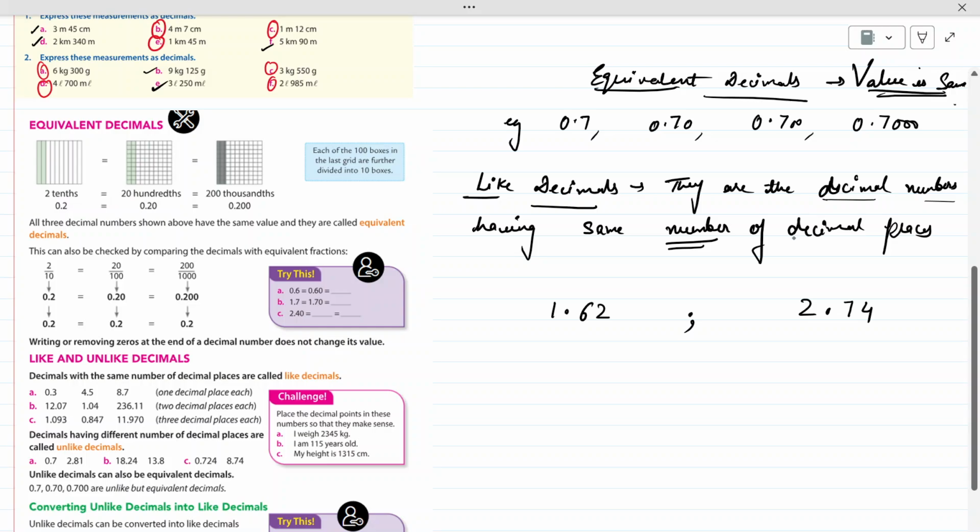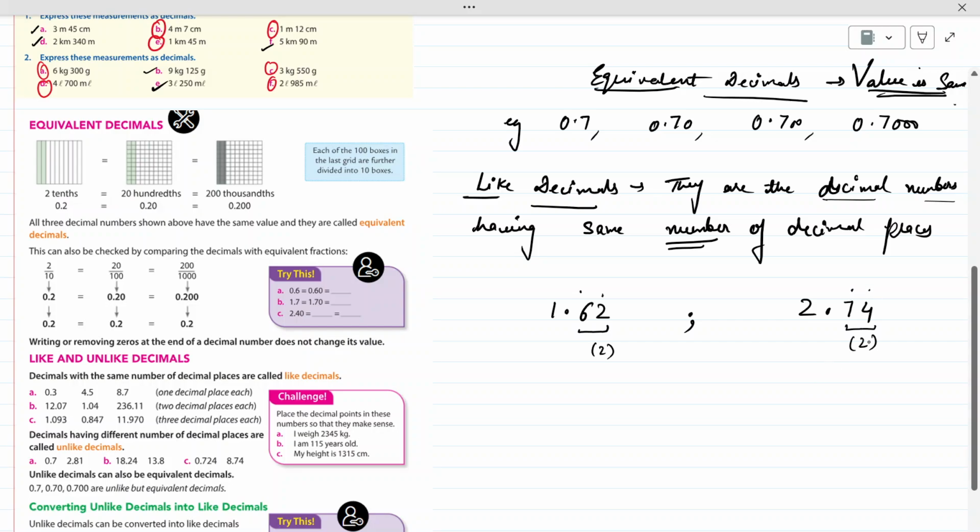What we have to see is whether these numbers are like decimals or not. We say decimal numbers are like decimals if they have the same number of decimal places. So here the number of decimal places is 2. This is the 10th place, this is the 100th place. And here also we have two decimal places, the 10th place and the 100th place.